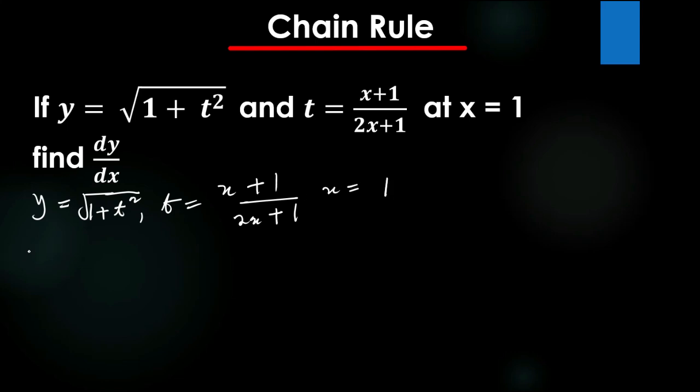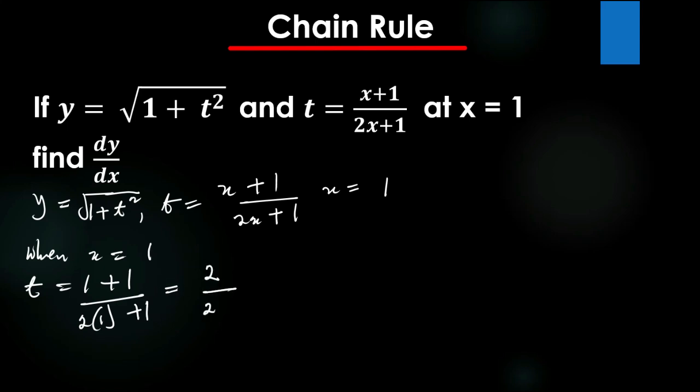Now, the first thing I want to do is find the value of t when x is equal to 1. t will be 1 plus 1 over 2 into 1 plus 1. I simply substituted x with 1. That is 2 over 2 plus 1, which is equal to 2 over 3.